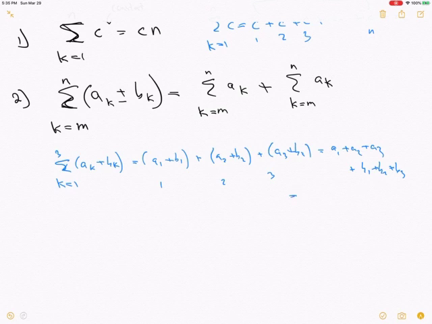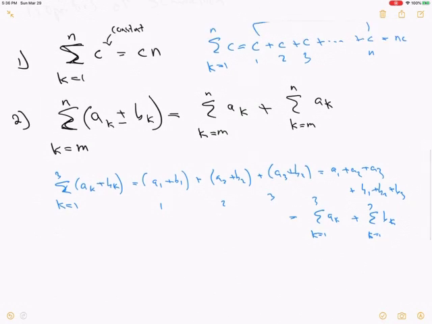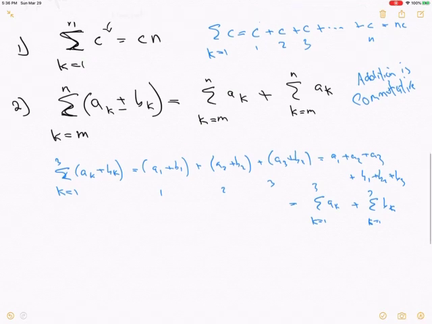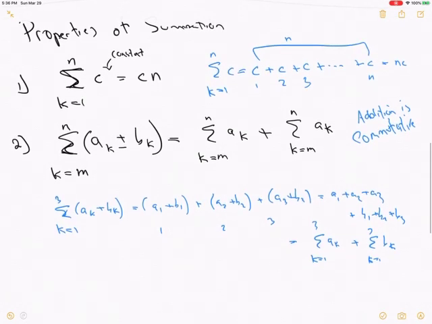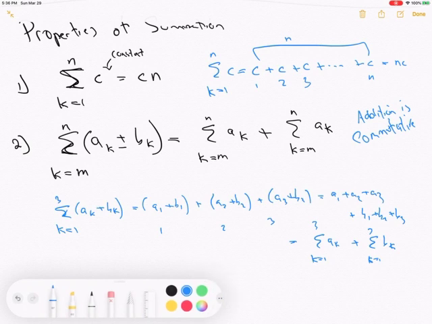Then you can go back to the shorthand notation: the summation k equals 1 to 3 over the a's plus the summation k from 1 to 3 over the b's. Addition is commutative, so we can just swap the order of things like that. And similarly with subtraction.